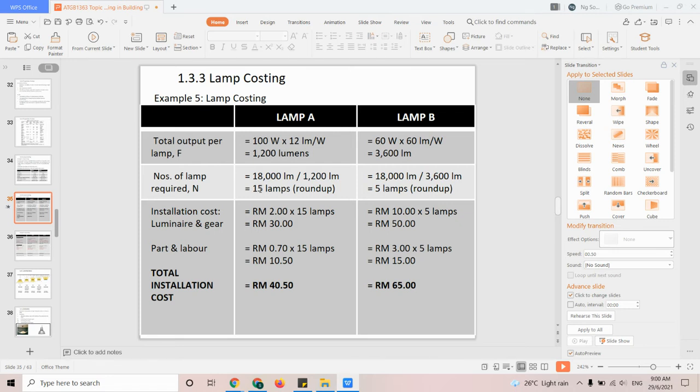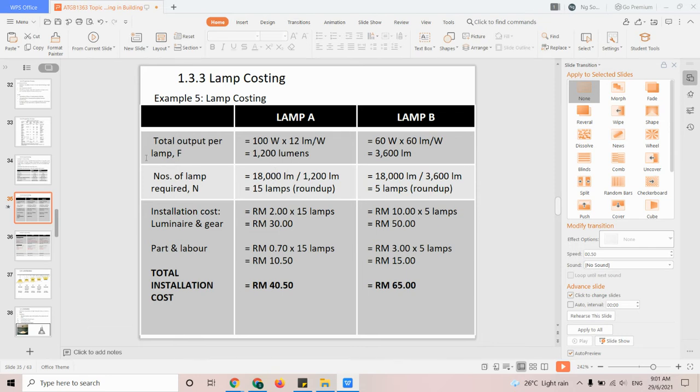In the case of you getting 14.5 lamps, whenever you consider the number of lamps required, if it's in decimal places, you want to round it up. If you round it down in the case of 14.2, that means you're not getting the required amount of lighting needed for this space.